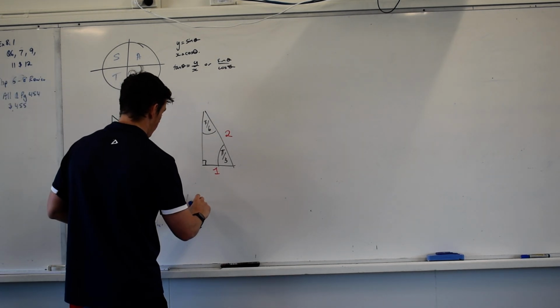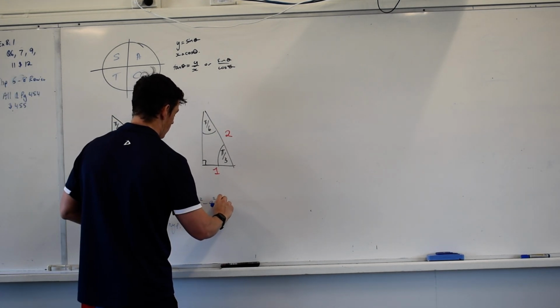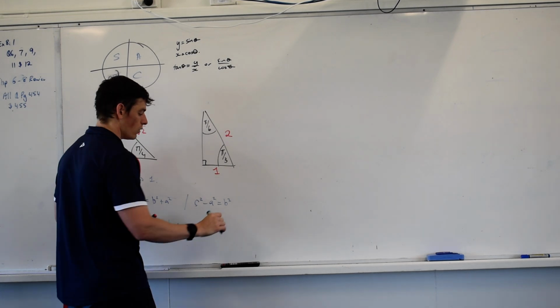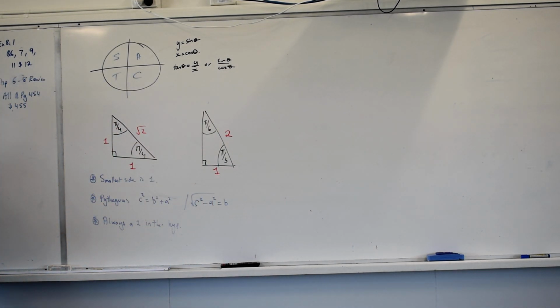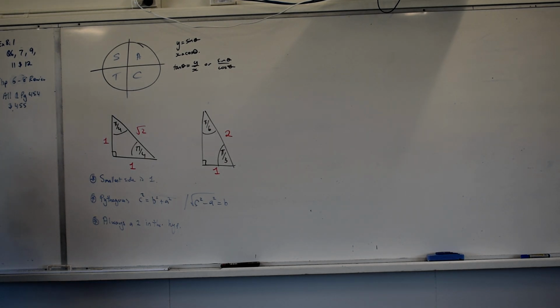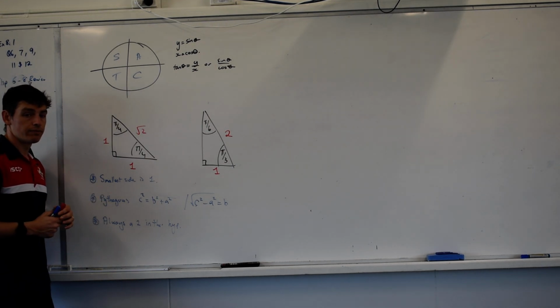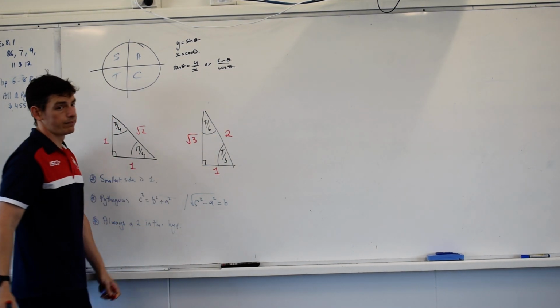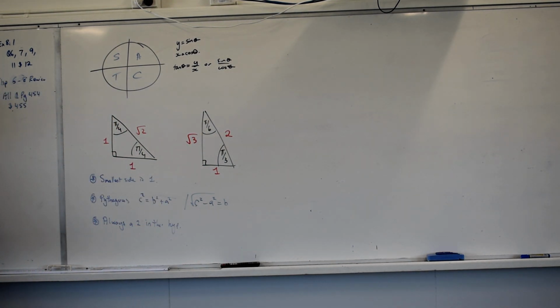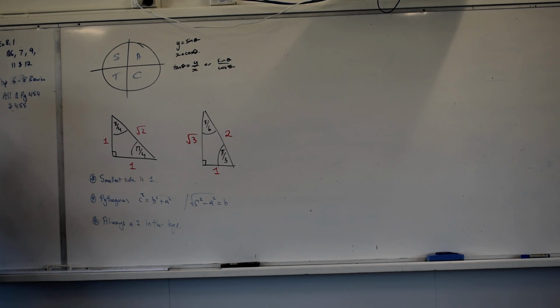So for this one, it would be c squared minus a squared equals b squared, or b equals the square root of c squared minus a squared. What's 2 squared minus 1 squared? What's the last side of our triangle? Cool.